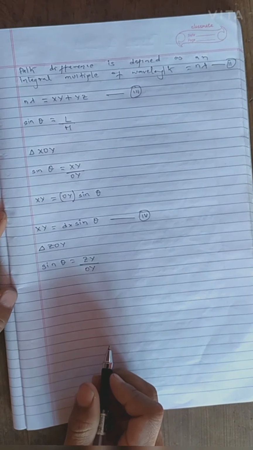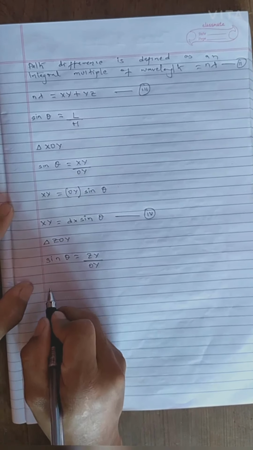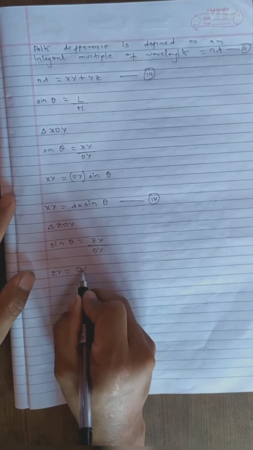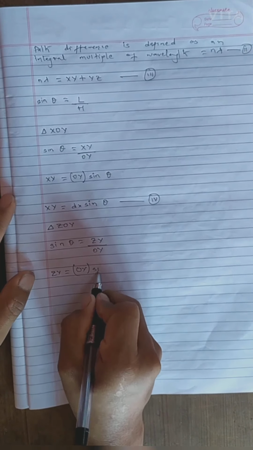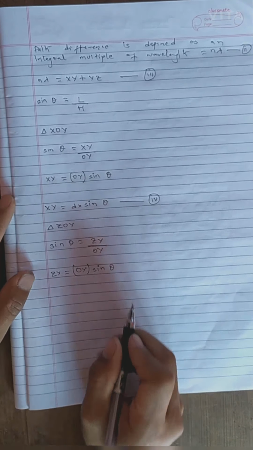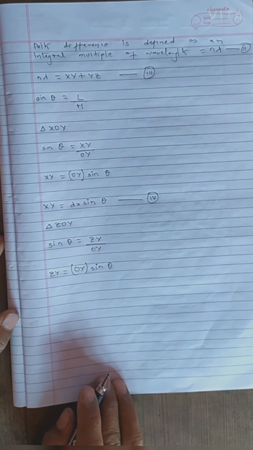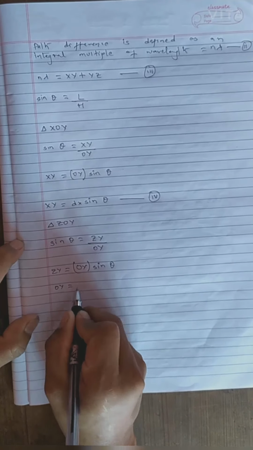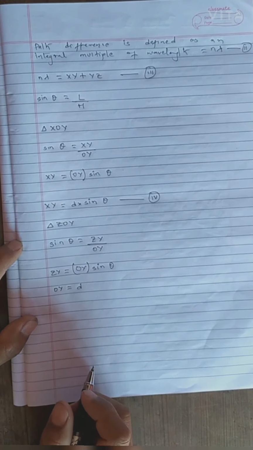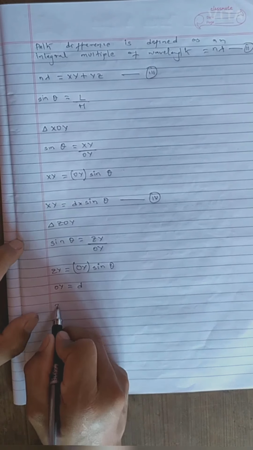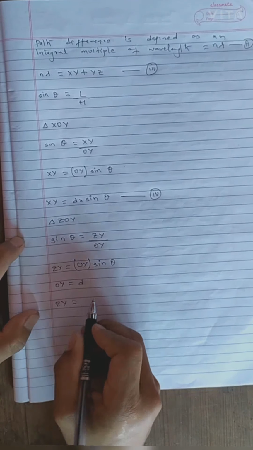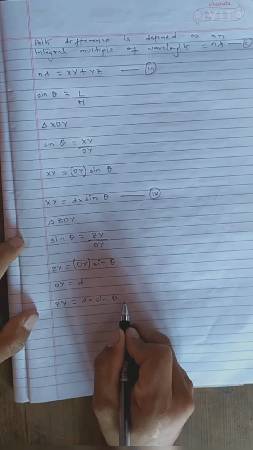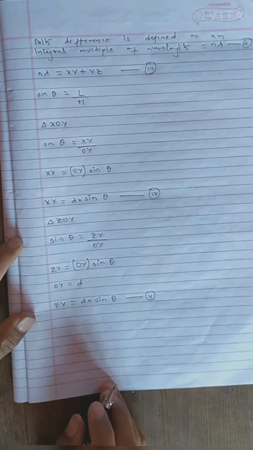So it can also be written as ZY equals OY into sin theta. And as you know, the value of OY equals D. So it can also be written as ZY equals D into sin theta. So this is our equation 5.